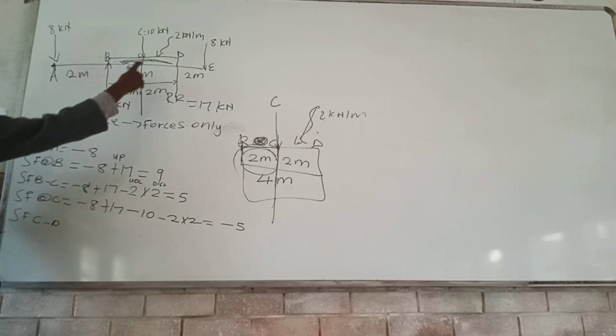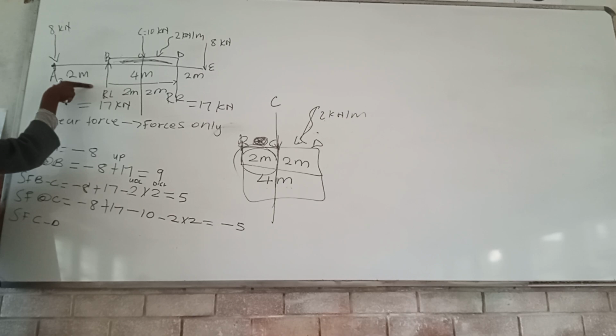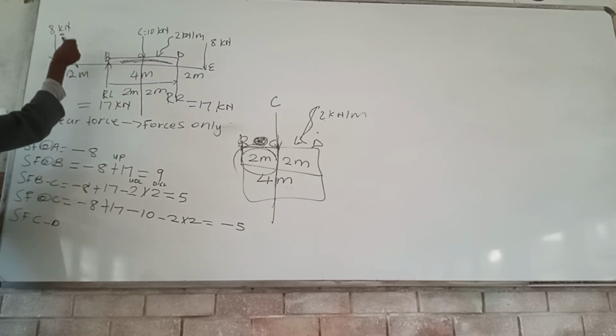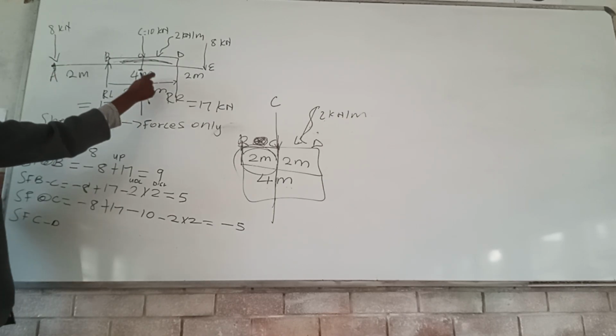So now we're going to shear force at what? C to D. At C to D, there's a force. The reason we did not do from A to B, there's no force, there's no UDL, there's nothing. But from C to D, there's a force.